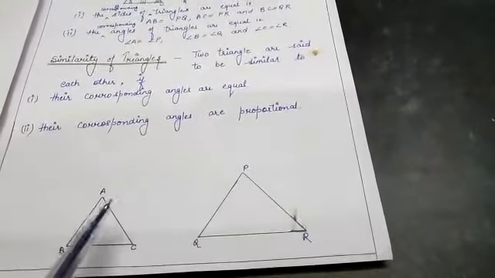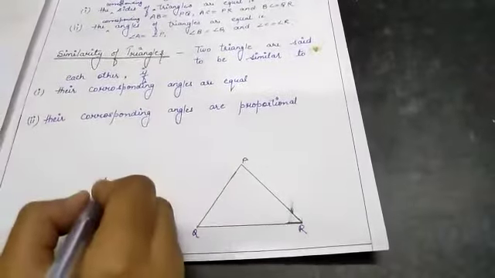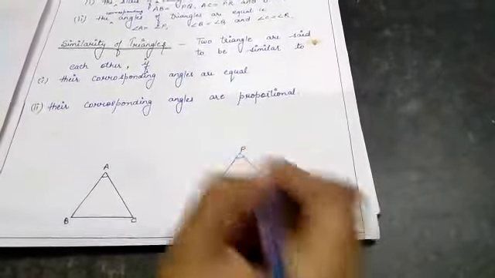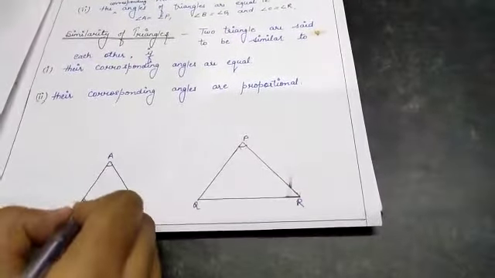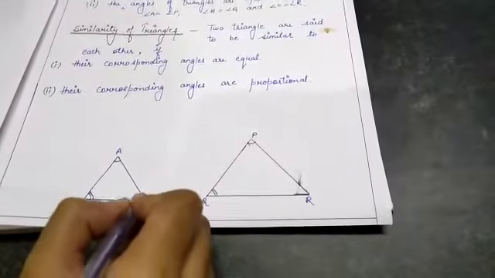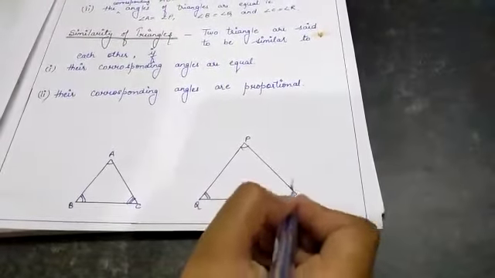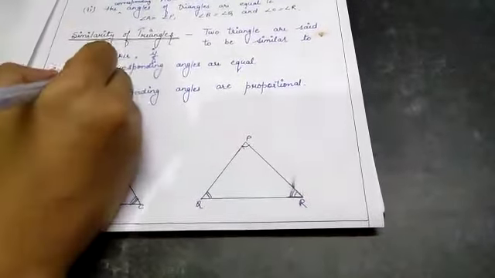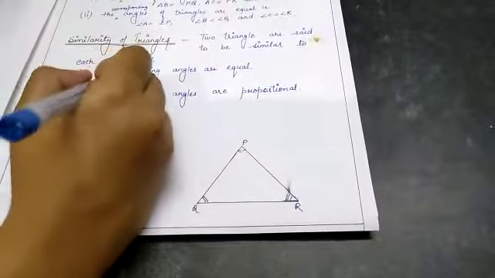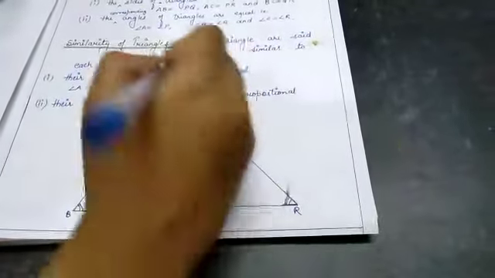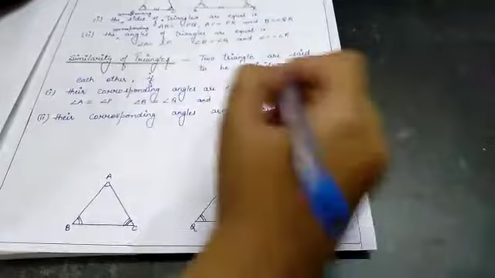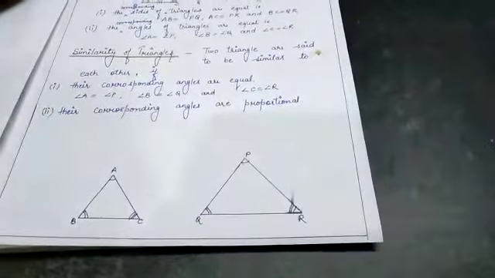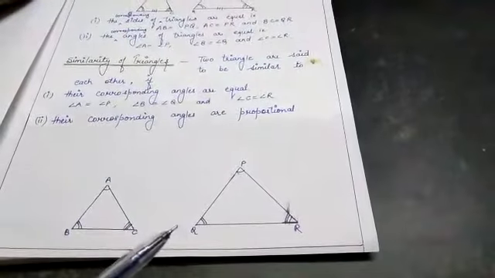That is, angle A equals angle P, angle B equals angle Q, and angle C equals angle R. So this is the first condition of similarity of triangles.